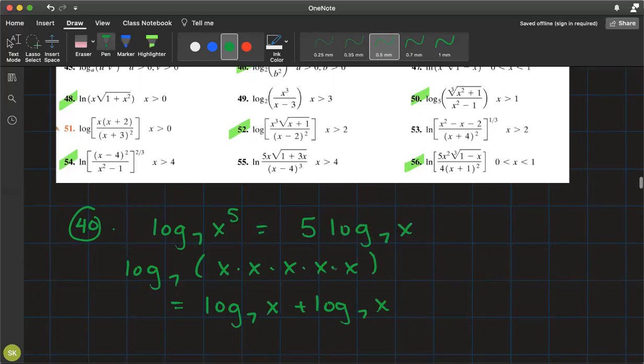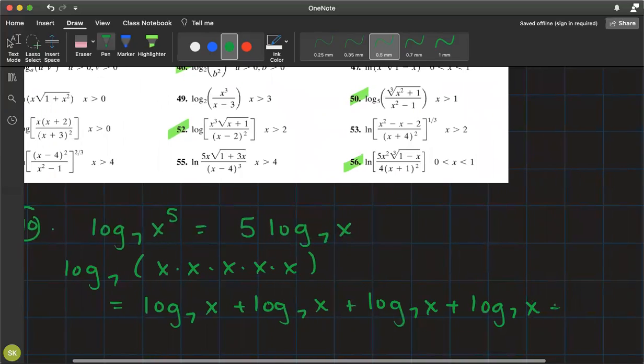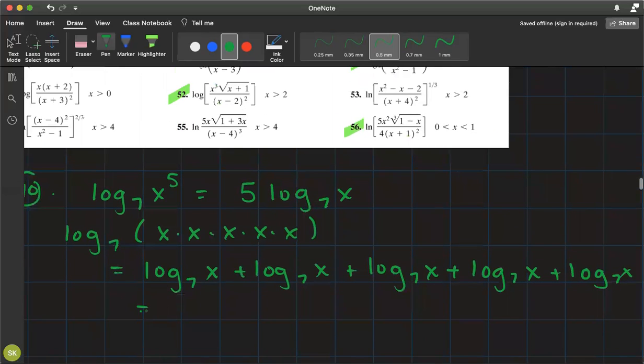So 1, 2, 3, and then here's the 4th plus sign. So then I have 1, 2, 3, 4, 5 of these logs. So it's the same thing as 5 log base 7 of x.